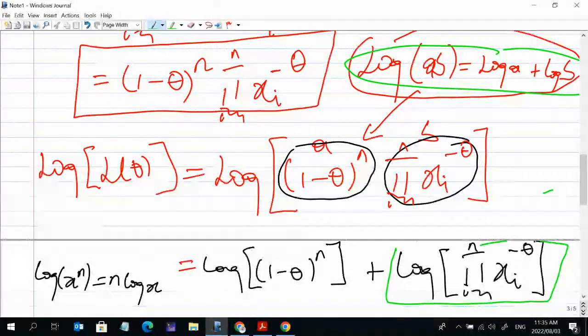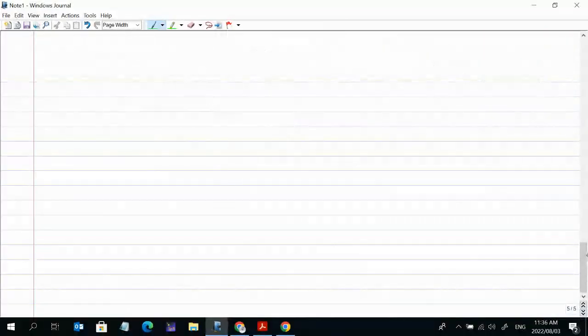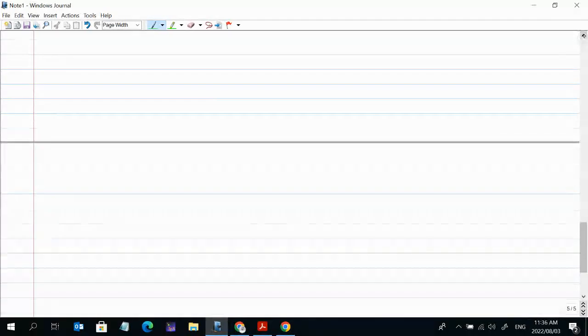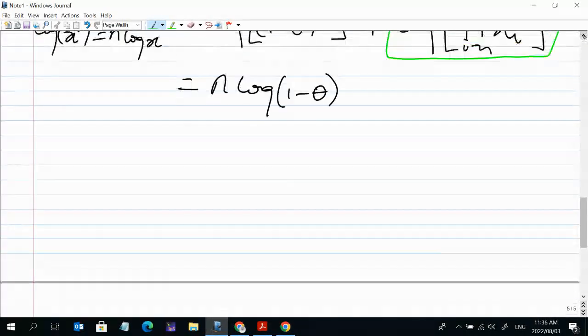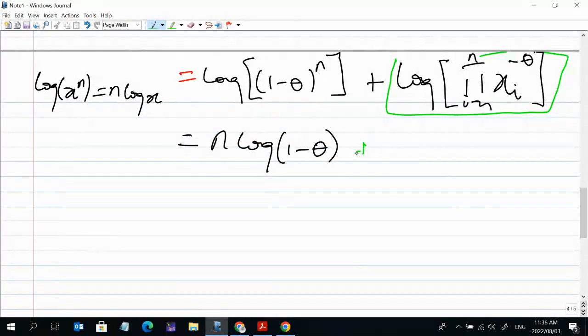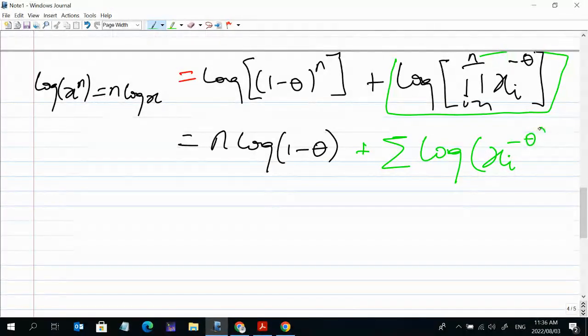So this expression is equal to the summation of the log of xi times minus theta, with i ranging from 1 to n. Is it clear?